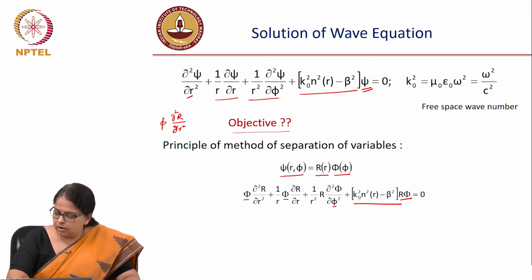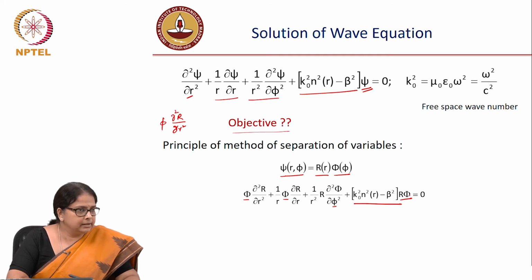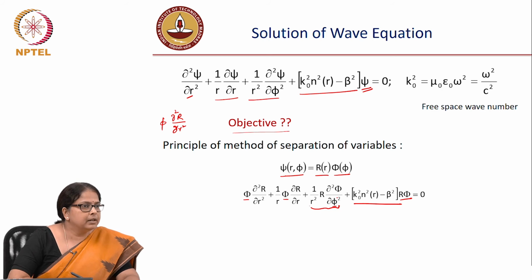Okay. Now, I can simplify this by dividing it throughout by what? RΦ, capital R capital Φ, and also I can multiply it with r², so that this term will now look like something which is a function of only φ.